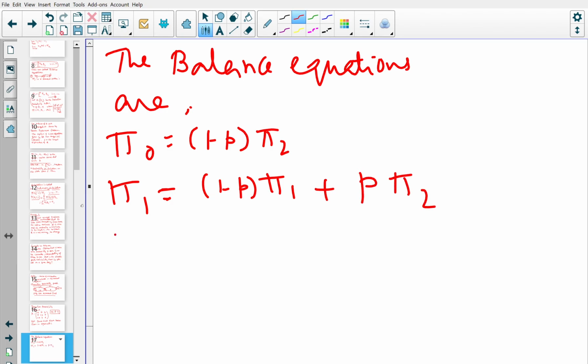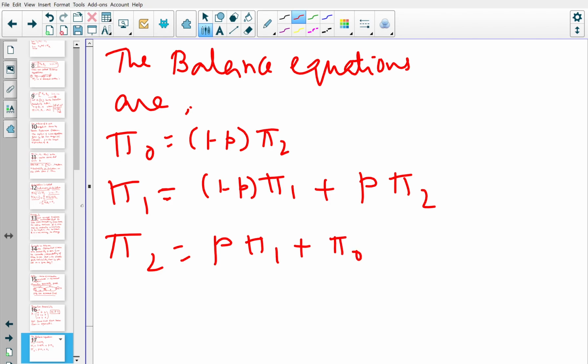Okay, and similarly pi 2 equals p times pi 1 plus 1 times pi 0.